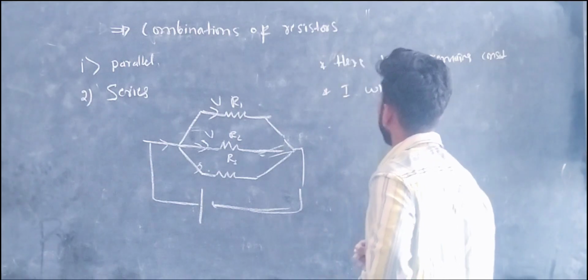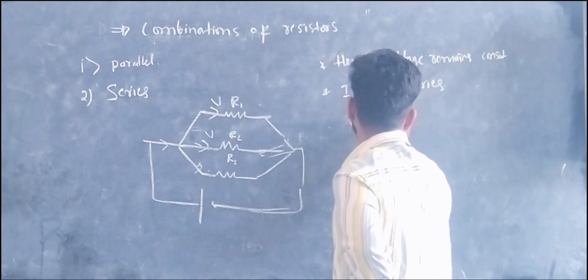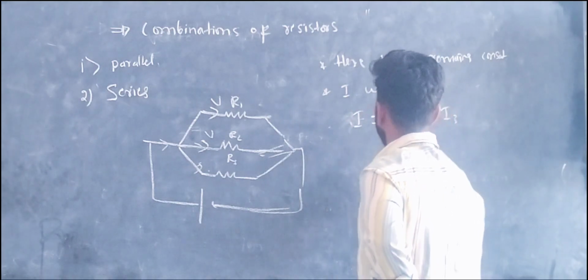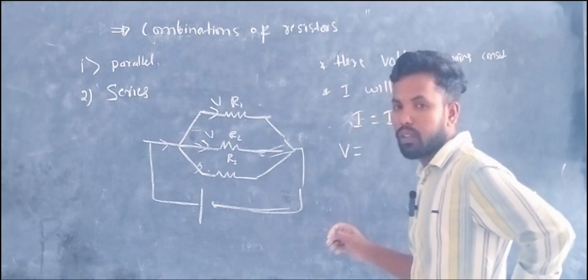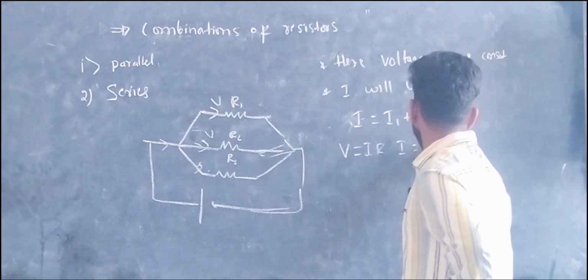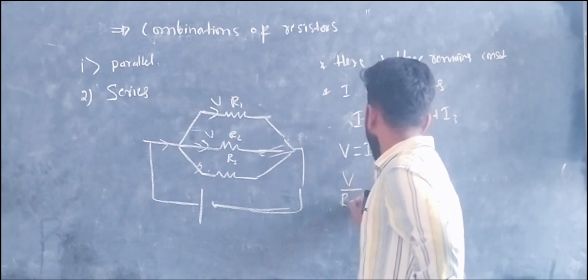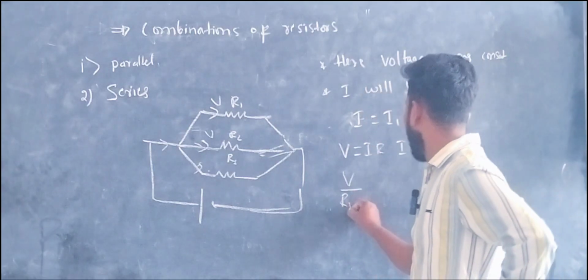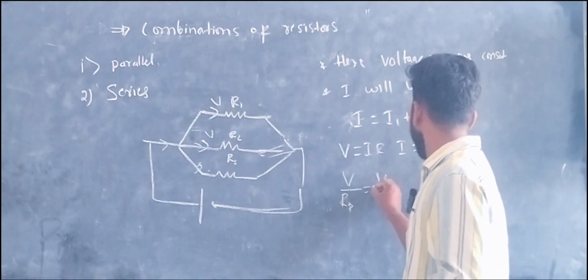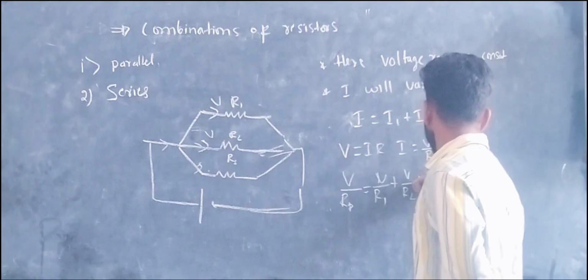Then what is the formula? I is equal to I1 plus I2 plus I3. From Ohm's law, V is equal to IR, so I is equal to V by R. Here V remains constant, so V by R parallel is V by R1 plus V by R2 plus V by R3.